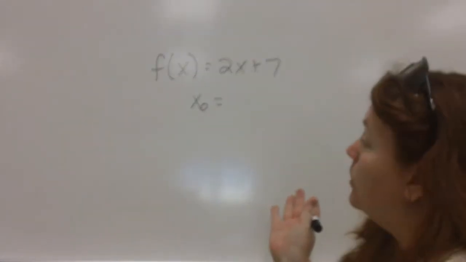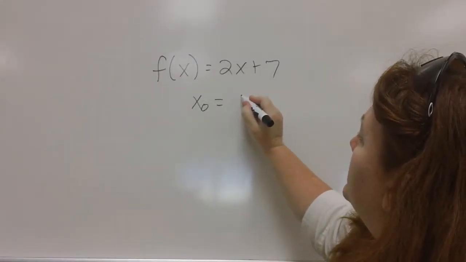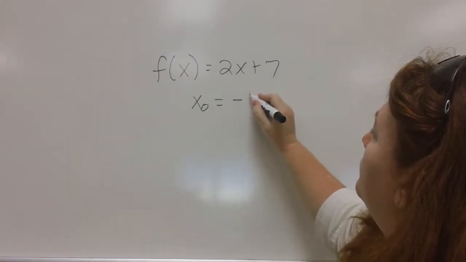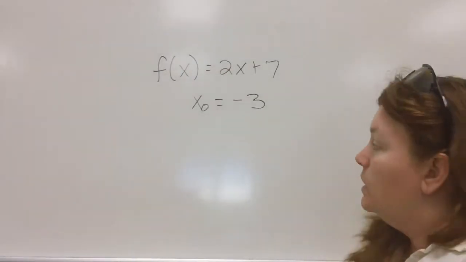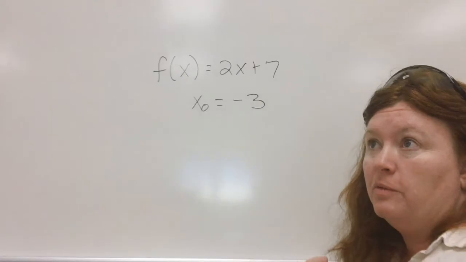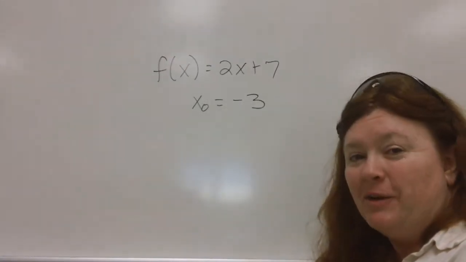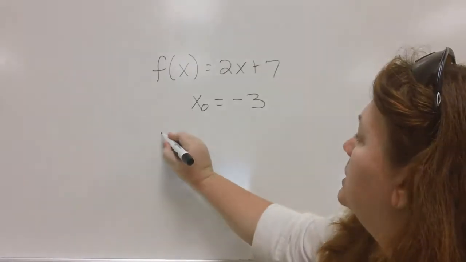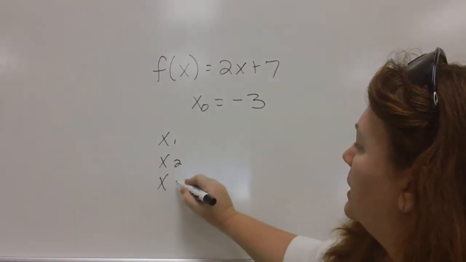You can't answer the question without this information. X sub 0 is negative 3. All right, so the question that I'm going to ask you is, what are the first 3 iterates? In other words, I want x sub 1, x sub 2, and x sub 3.